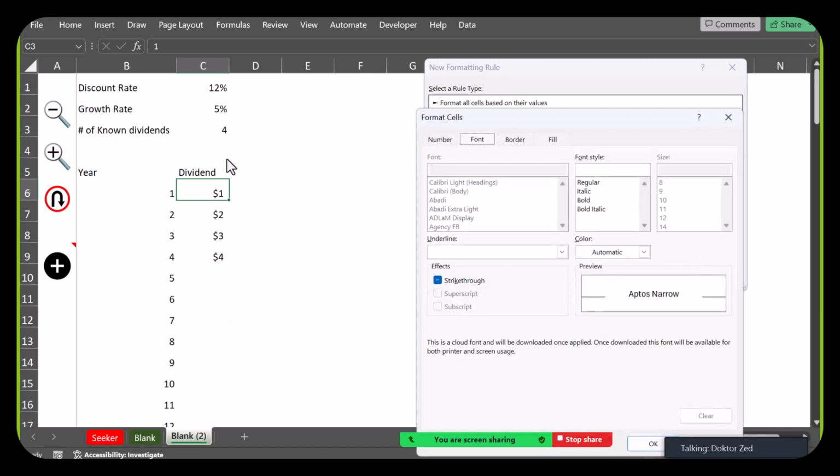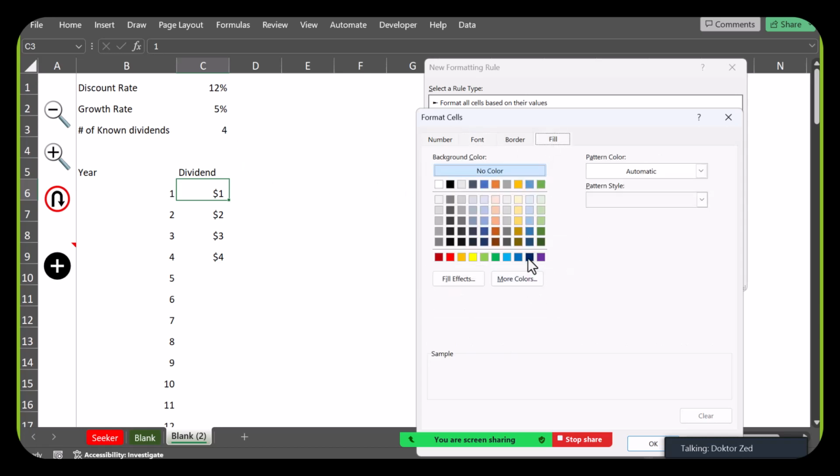If the year is less than 5, I want the background of this cell to be green. Remember, greens are my inputs. That's how I do it. Fill, I'm going to have that dark green.